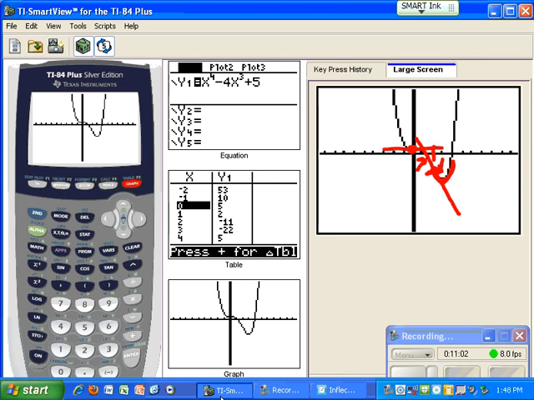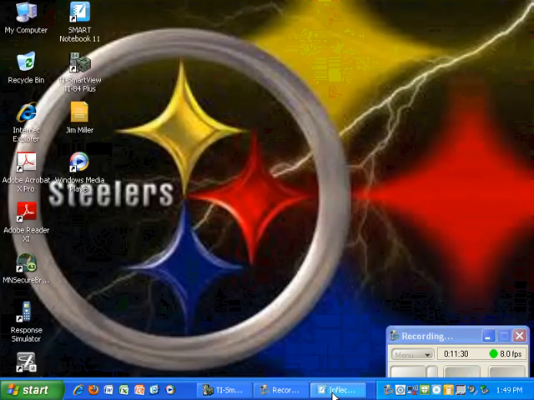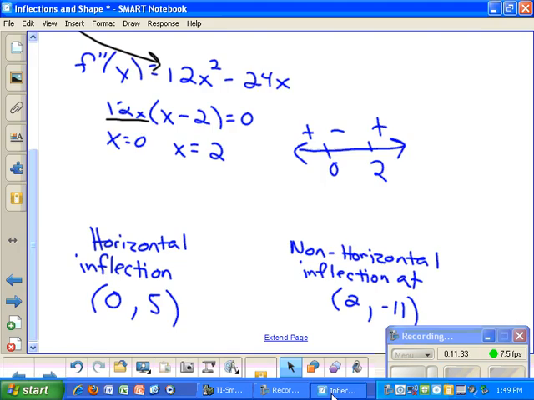The first derivative will give us the stationary points, or the horizontal stationary points, meaning local minimums, local maximums, but also the horizontal inflection points. The second derivative will give us both the horizontal and the non-horizontal inflection points. So that's what that's telling us.